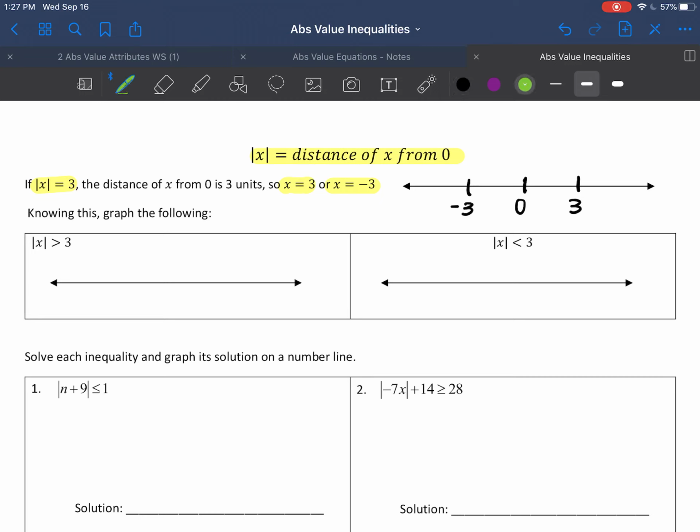Okay, and so both of these are a distance of 3 from 0, and so that's why both of these are solutions to this equation. All right, so I'm going to put these numbers down here.